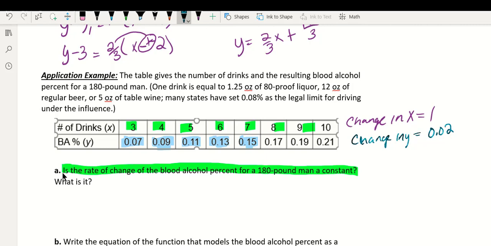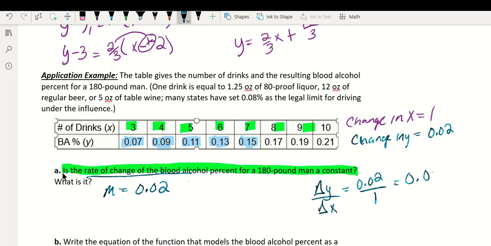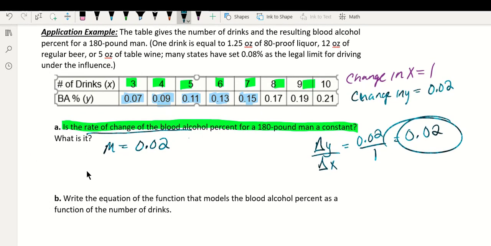If we talk about a slope, remember it's the change in y over the change in x. So 0.02 divided by 1 gives me simply 0.02. That is our rate of change.